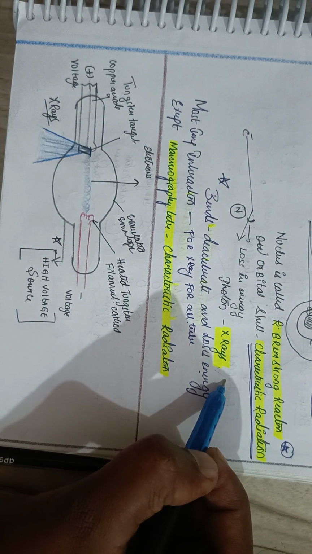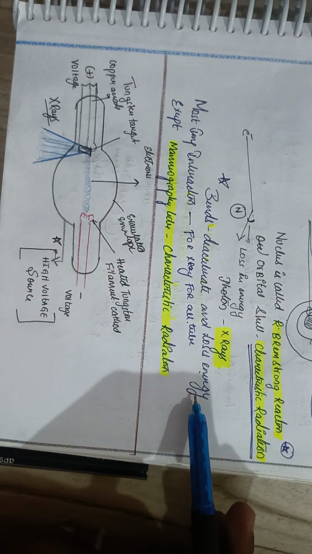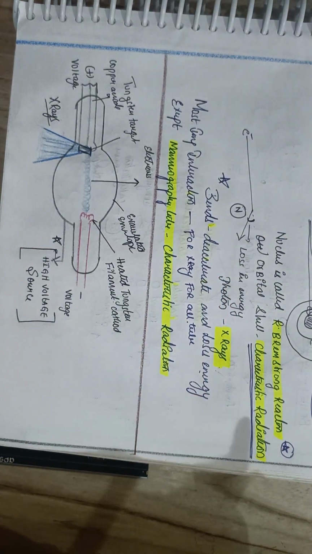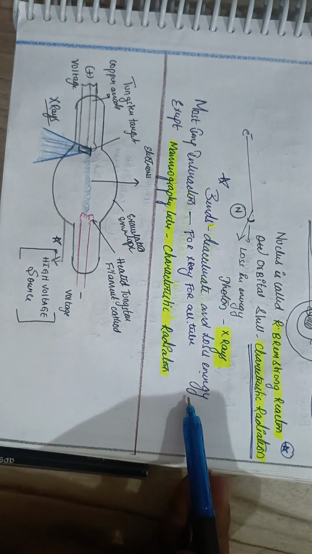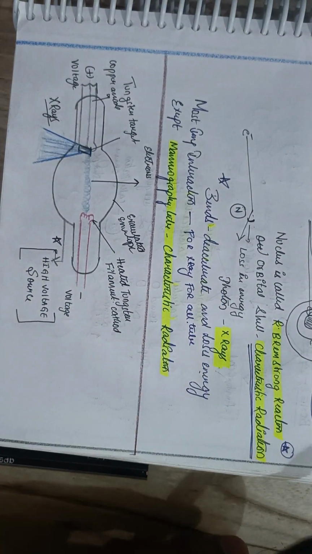So that's the basic point. Ultimately, we need to understand that they decelerate and lose energy, and the loss of energy is in the form of a photon, that is, an X-ray.